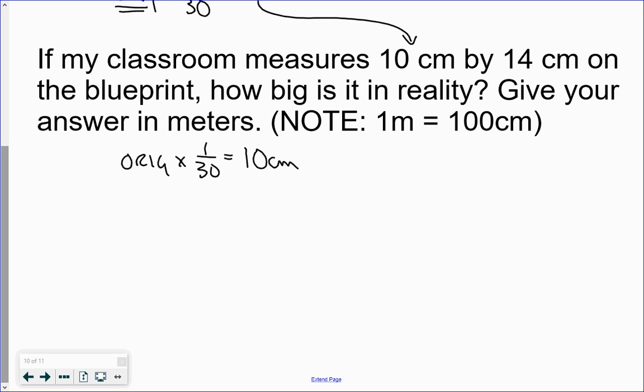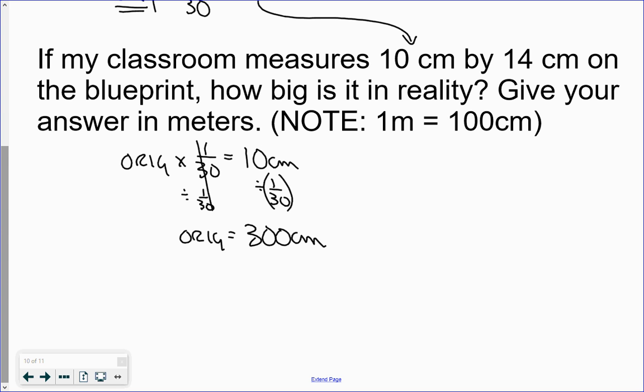So I'm looking for the original measurement. So since I'm timesing by 1 over 30, I'm going to divide both sides by 1 over 30. So on your calculator, when you plug this in, make sure you have that fraction in brackets. You get out 300. Now put the units in.